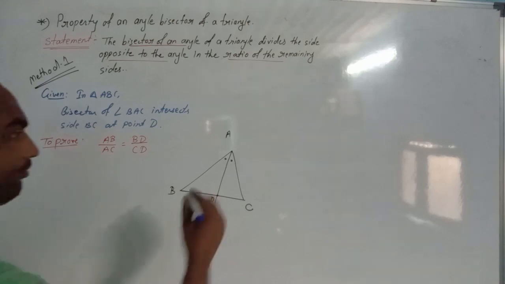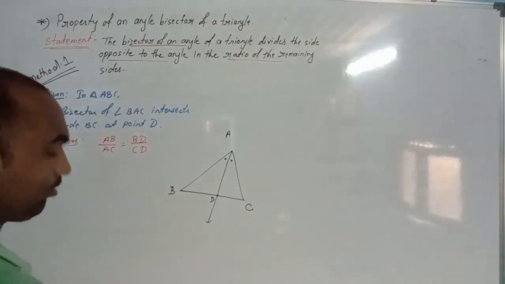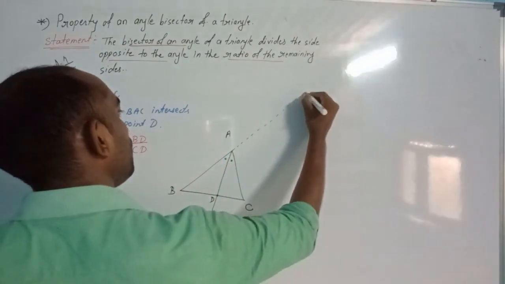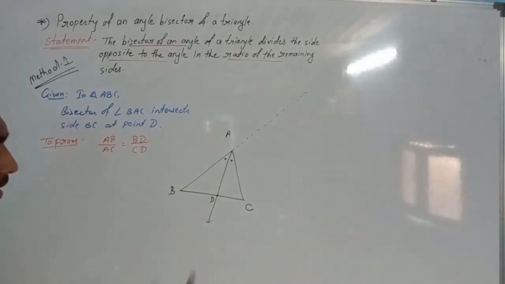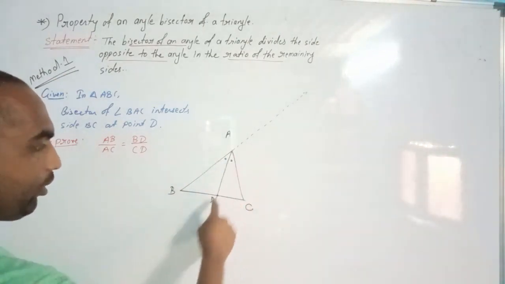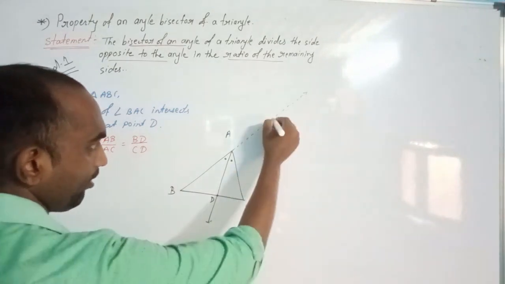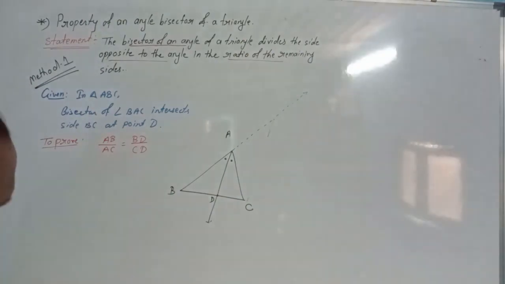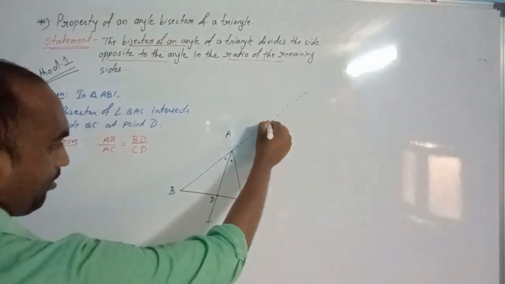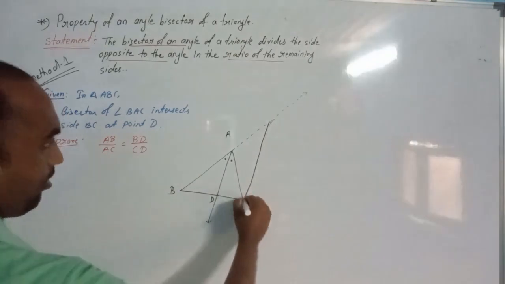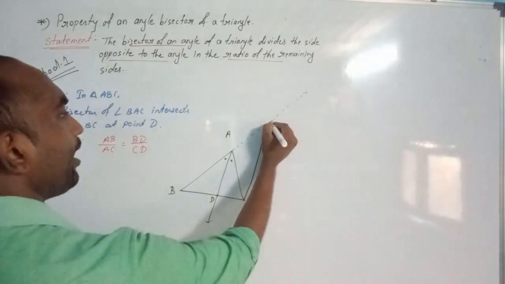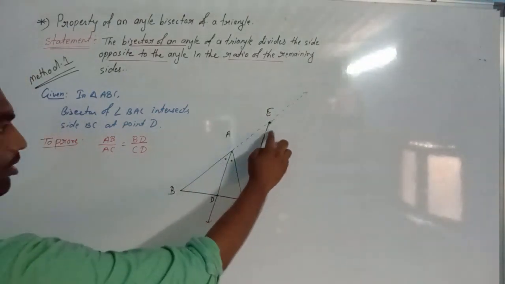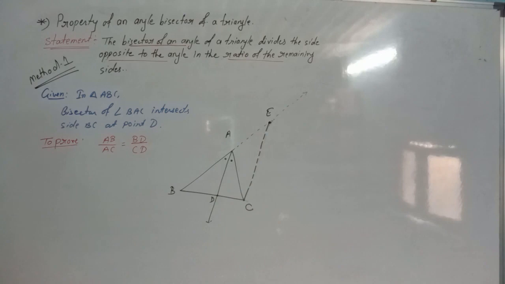Just extend the line BA, and draw the line parallel to AD which passes through the point C, which meets at point E. That is my construction.